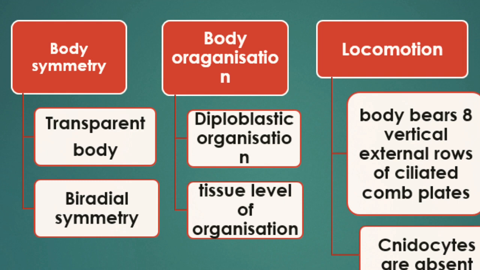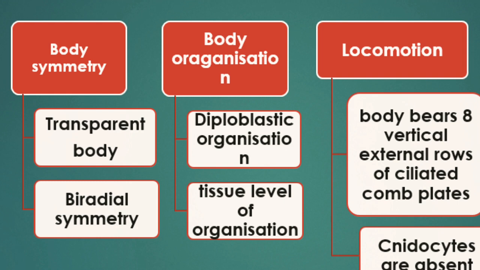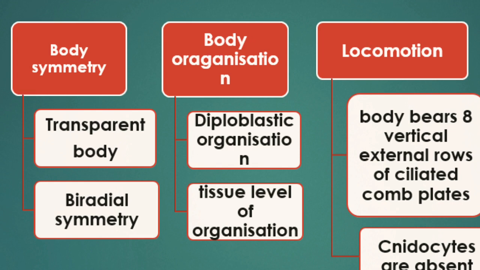When they have three layers, ectoderm, endoderm as well as the mesoderm, they are known as triploblastic animals. So these are diploblastic animals because they have ectoderm and endoderm. But there is a very important thing: in between the ectoderm and endoderm there is another layer known as mesoglea, which is sandwiched between these two layers.